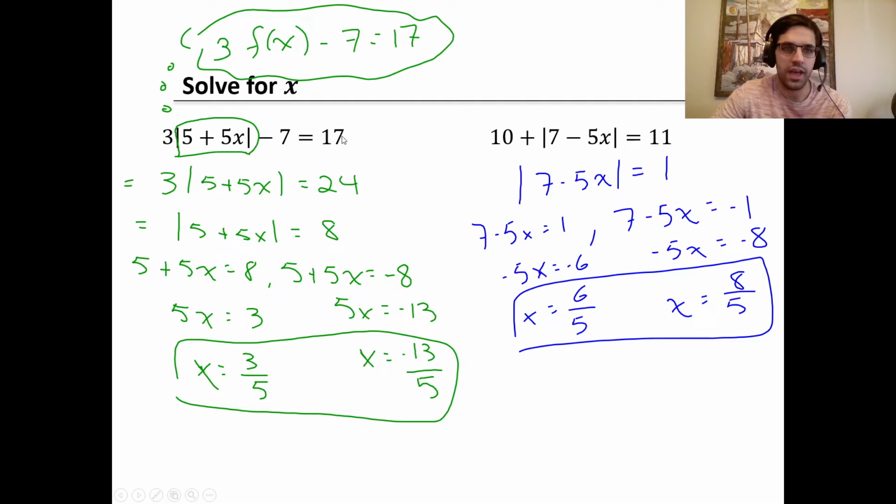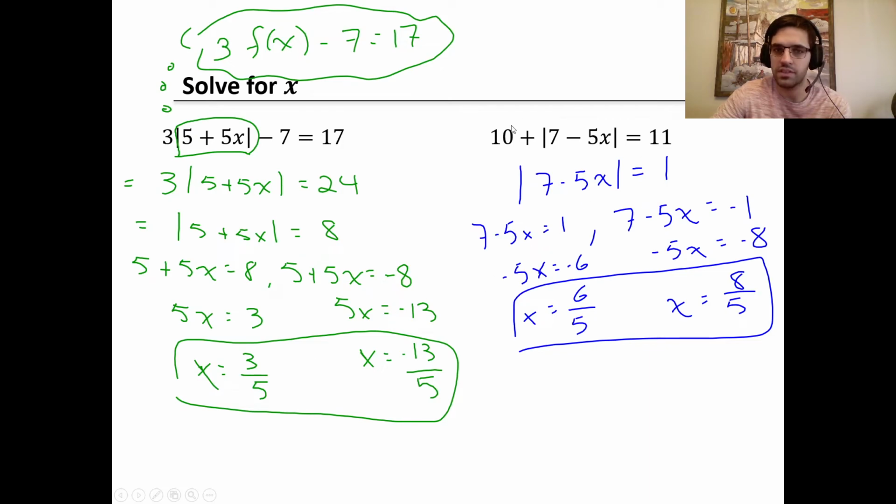So we're going to add 7 to both sides. 17 plus 7 is 24. Then we divide both sides of the equation by 3. 24 divided by 3 is 8. Now we've got the absolute value function by itself on the left side of the equation. Now we can bust it out: it equals positive 8, it equals negative 8, and we can find our two solutions.